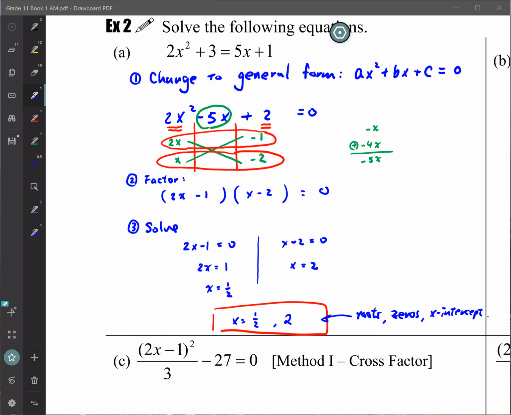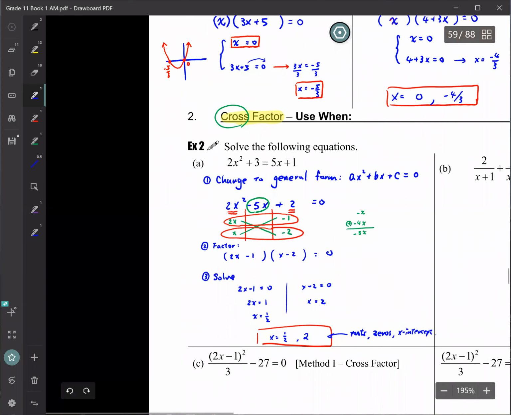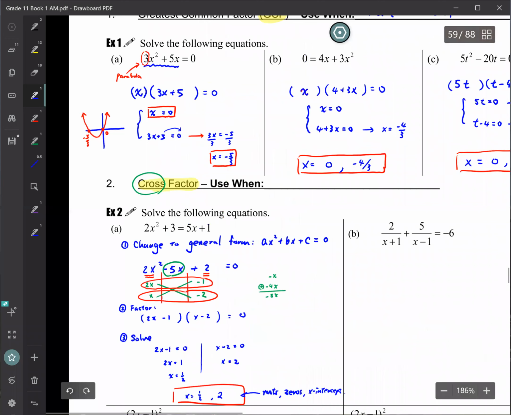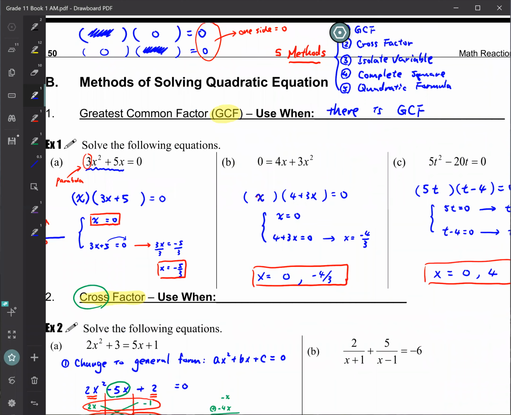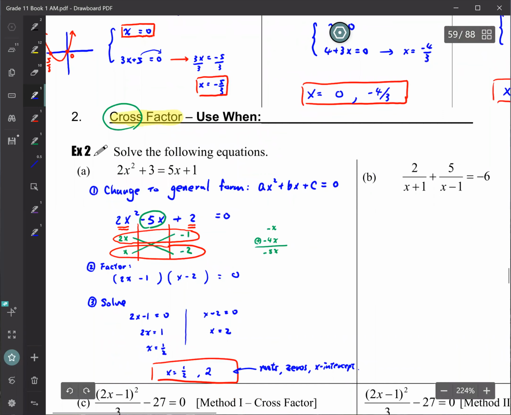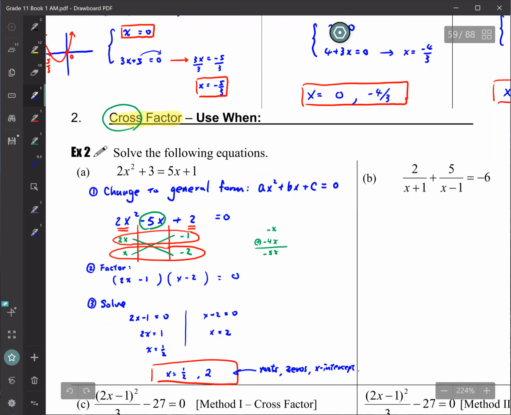Okay, so for every question, when you see a quadratic equation, because you don't know which method to use, you always start with the GCF because that's the easiest one. Okay, if there's none, then you go to here. So you will use the cross factor when there are 3 terms, after you turn it into general form and it's factorable.